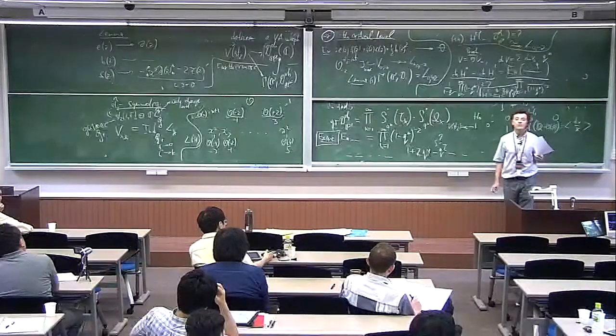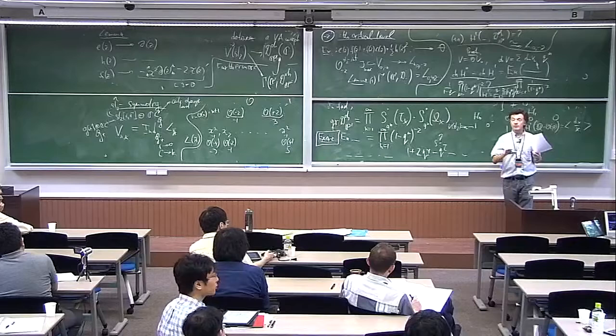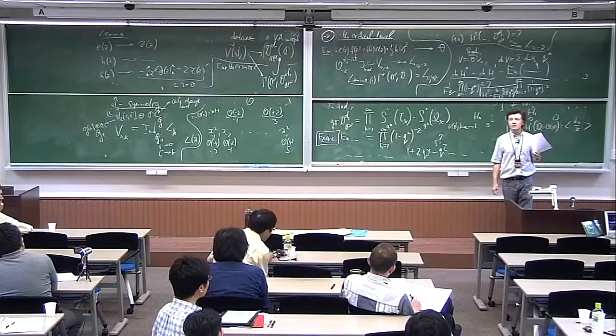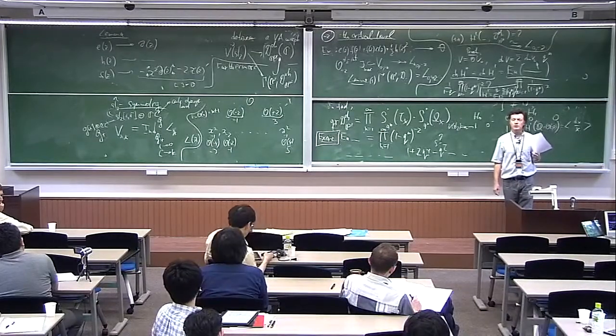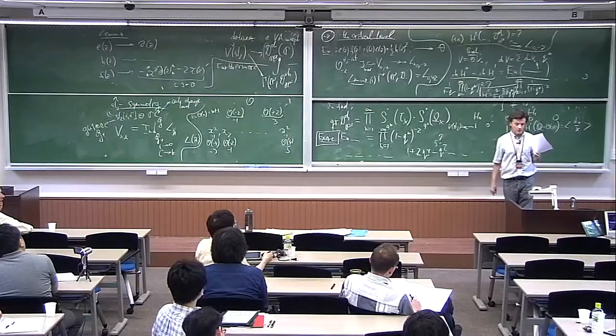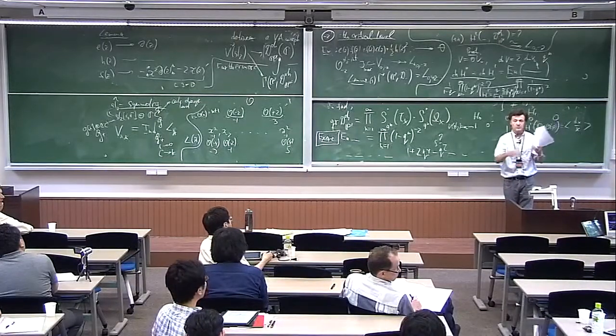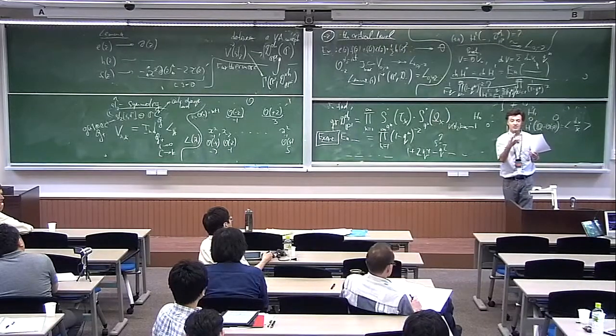Wakimoto, it's not. It's a Wakimoto module, restricted, right? Restricted Wakimoto, on the big cell. Wakimoto is something that lives on the big cell, and the irreducible is a submodule.